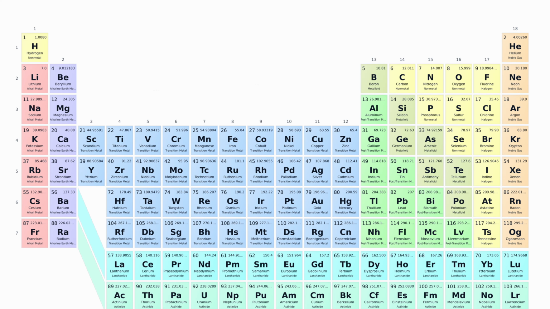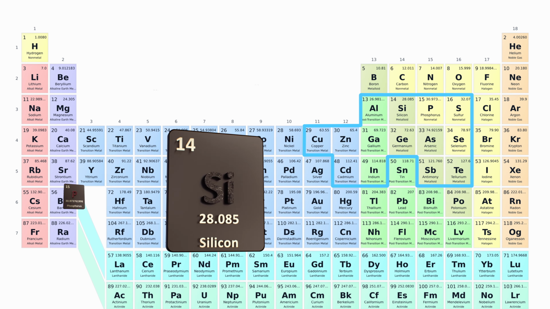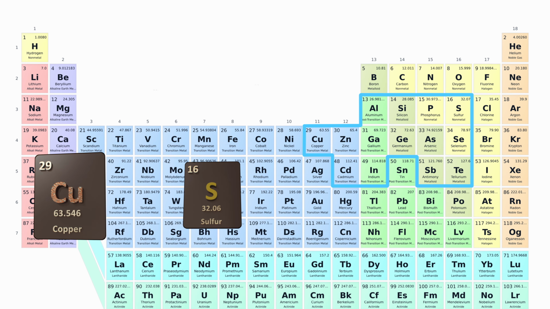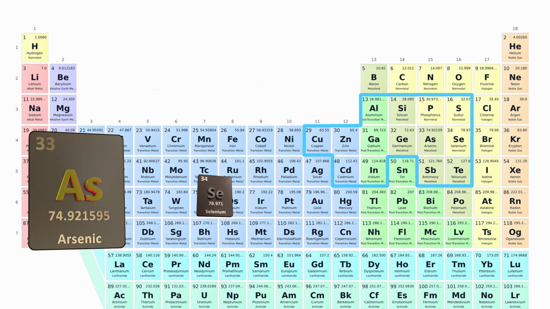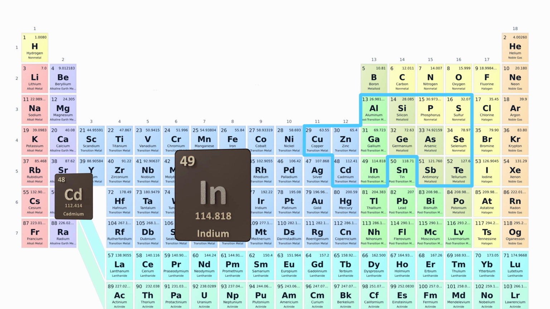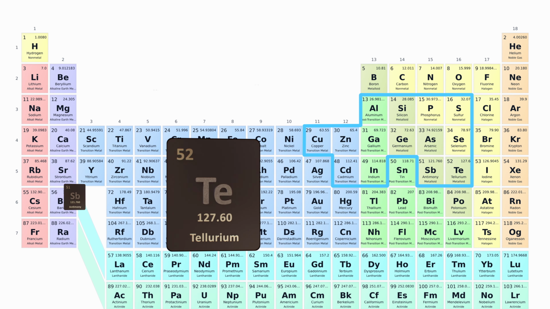All this is possible because of a material called a semiconductor. Even though semiconductor materials come from different groups of the periodic table, they share certain similar properties. Most common semiconductor materials include aluminum, silicon, phosphorus, sulfur, copper, zinc, gallium, germanium, arsenic, selenium, cadmium, indium, antimony, and tellurium.